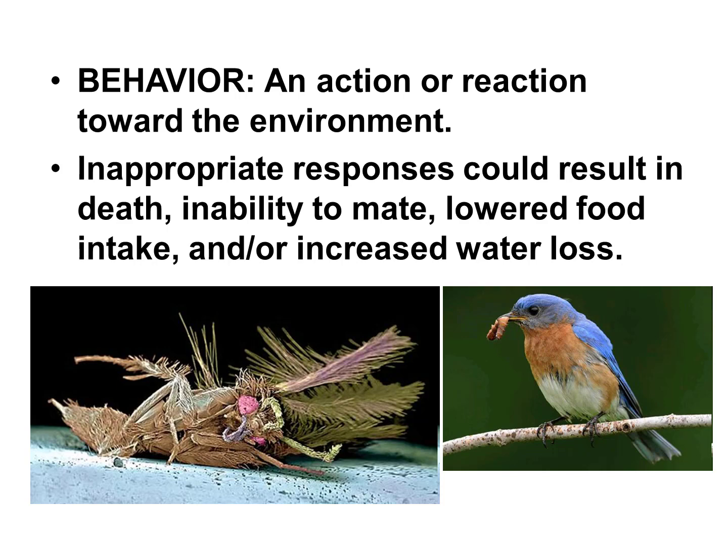There are many animals that have mate selection and competition, and so if you don't have the right call, that might not attract a mate. Lowered food intake and increased water loss. Let's say you go hiking in the desert and you're like, nah, I don't need to bring water with me. That could be a problem. That is the wrong behavior for walking out in the middle of the desert.